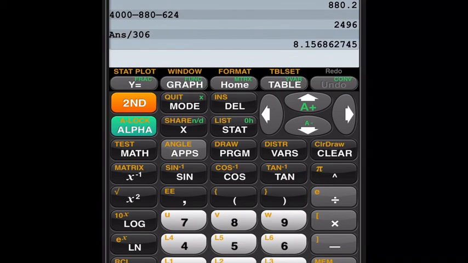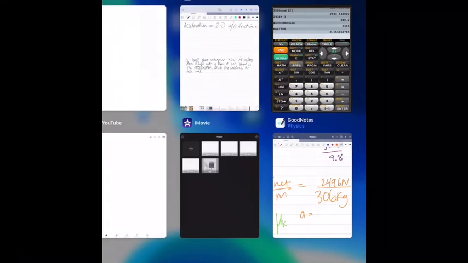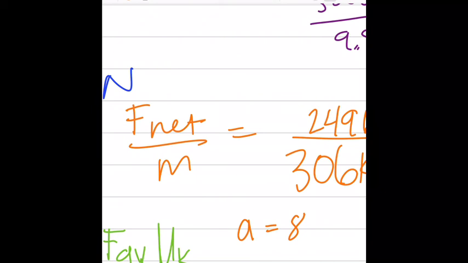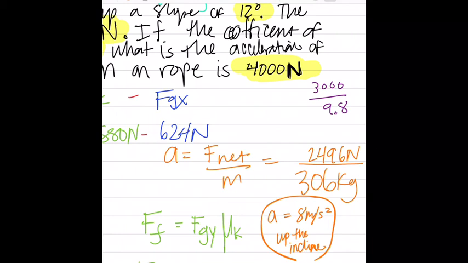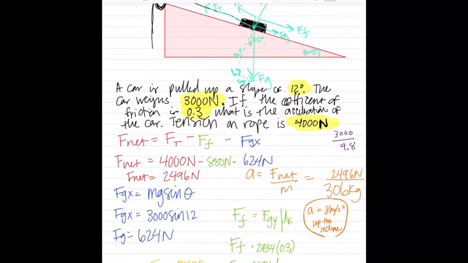That's going to be 8.16, but let's do whole numbers. So that is 8 meters per second squared up the incline. Okay, because remember we were pulling it up the incline. And that is your final answer, and that's it. We're not necessarily going to say -8 because remember that's again its direction. We did say up the incline, so there's your direction.